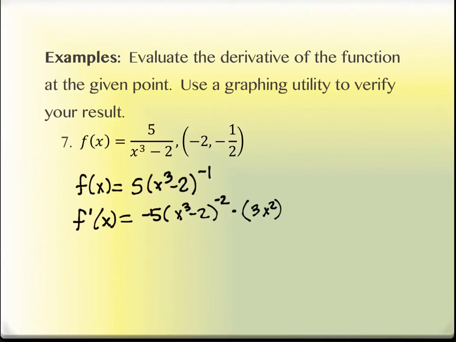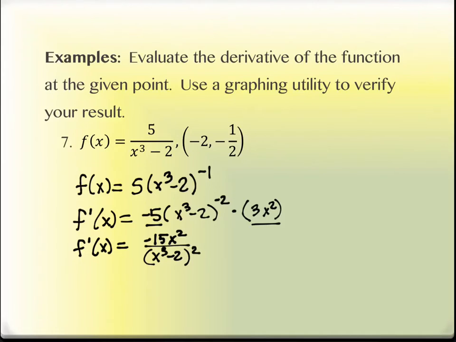Okay, so if I were on the gateway, I'd be done at that point. And then this problem, though, wants me to evaluate it. I want to simplify a little bit before I evaluate because it'll probably make my evaluation a little bit cleaner. I have this negative 5 and I have this 3x squared. So that's negative 15x squared. And then that negative exponent means I'll take that x cubed minus 2 back to the denominator and make it squared.